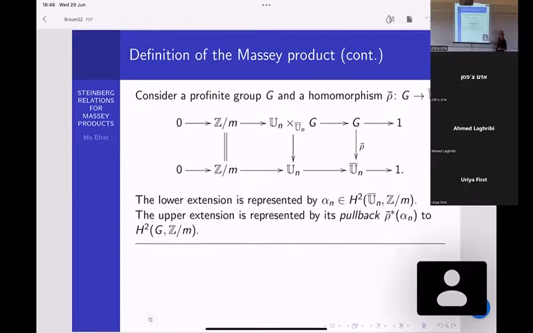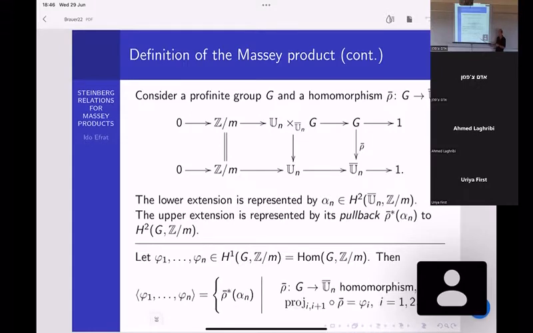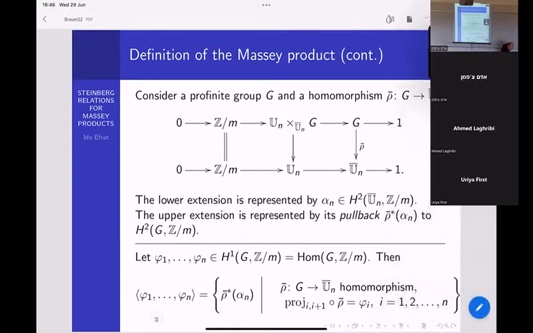So rho bar star is the map from H2 of U_n bar to H2 of G. Now take n elements in the first cohomology. Because the action here is trivial, these are just continuous homomorphisms from G to Z mod M.